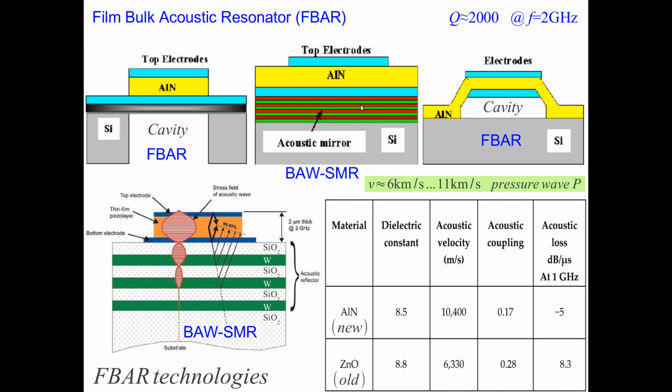So we still have high losses in this filter. Talking about mobile phone frequencies of about 2 gigahertz, these filters may have a bandwidth of 20 or 50 megahertz. So a few tens of megahertz bandwidth can be done with FBAR filters. Not less than that, because losses go too high with the limited Q we have available.